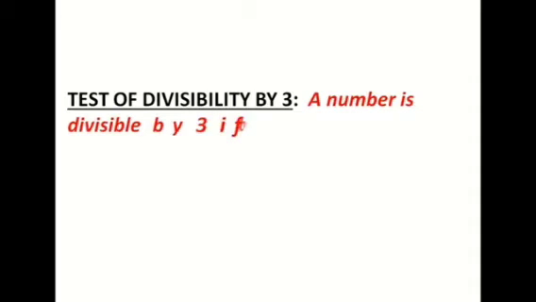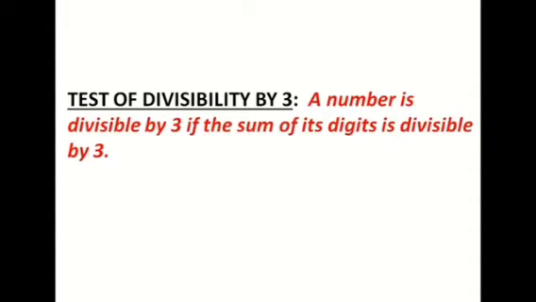So the test of divisibility by 3 says that a number is divisible by 3 if the sum of its digits is divisible by 3. So remember these rules. When you work out the sums, these rules are very important to use.